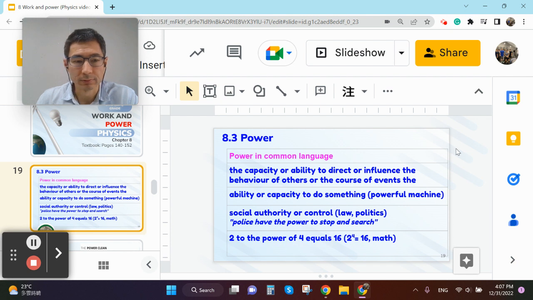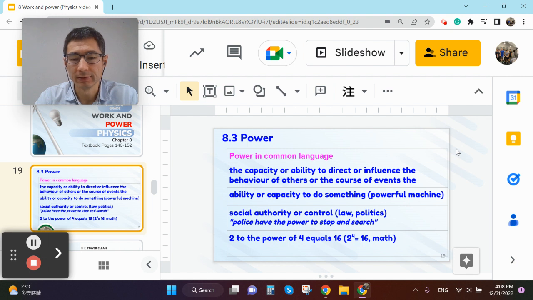Now, power in common language has many definitions. It can mean the capacity or ability to direct or influence other people, others' behavior. Then we say that he is very powerful, he is very influential. Like on social media, he is a powerful influencer, he has many followers.